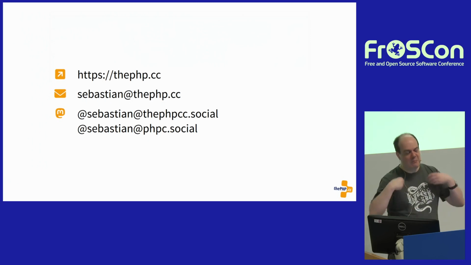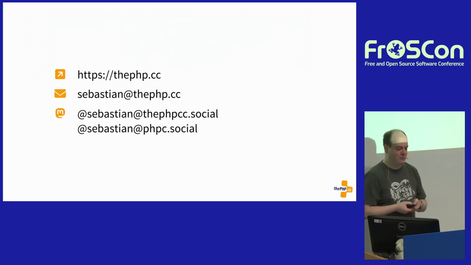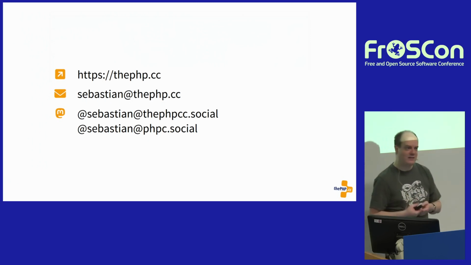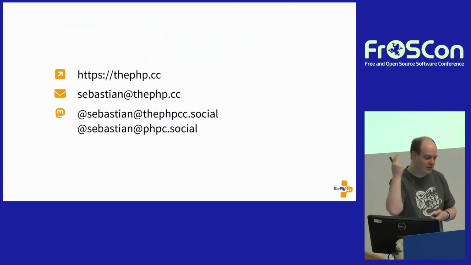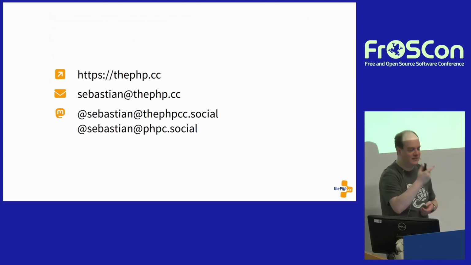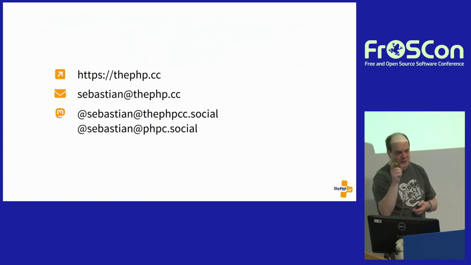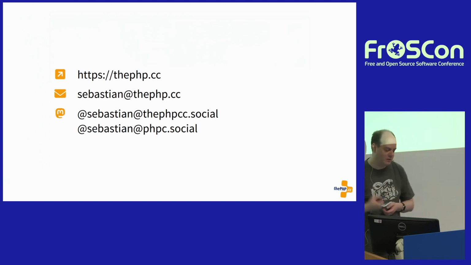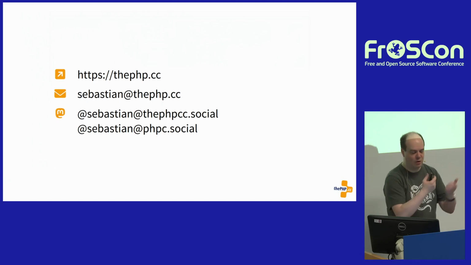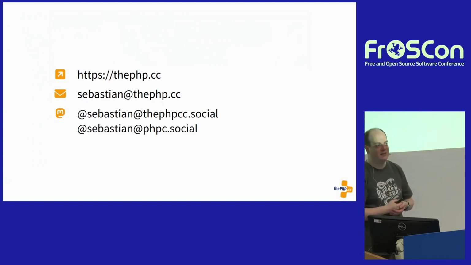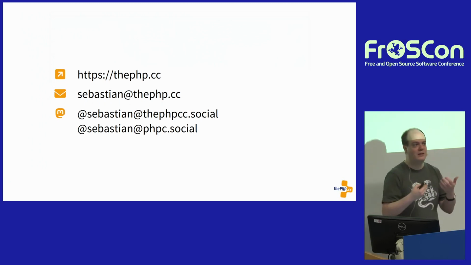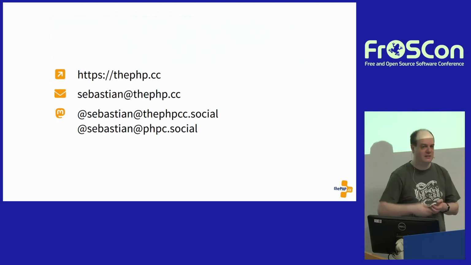My goal with this talk was to raise awareness that this thing of supply chain exists in the software world. It may be a little bit different than supply chains in the real world, but the core concept still applies. And we need to be aware of the dependencies of our dependencies that we use.